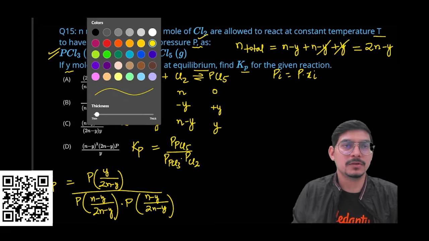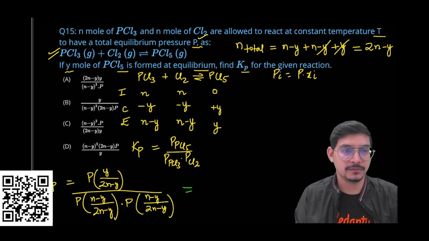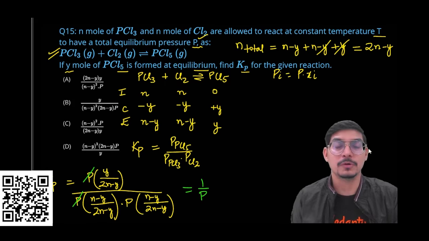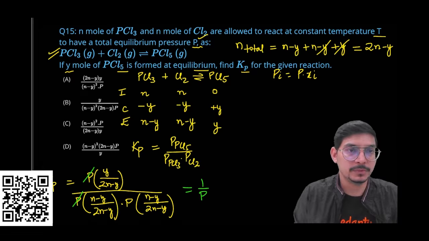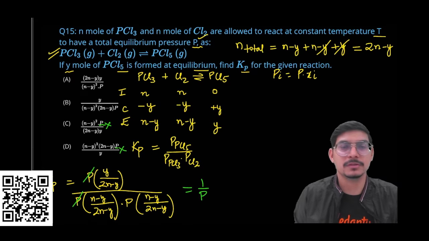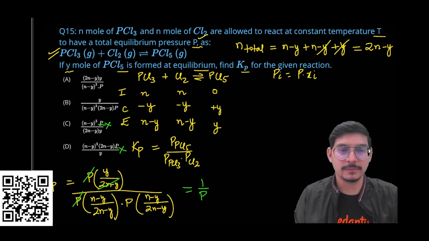So when we solve it, we can see that one of the P cancels, right? Which means that there should be 1 power of total pressure in the denominator, which means that option C and option D are eliminated because they have partial pressure in the numerator. That is not correct. Now, if we see that 2n minus y and 2n minus y, this cancels, right?